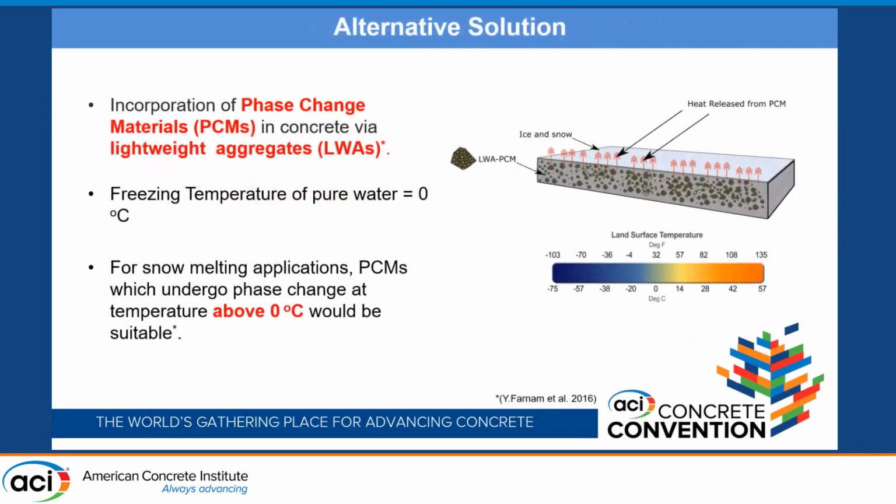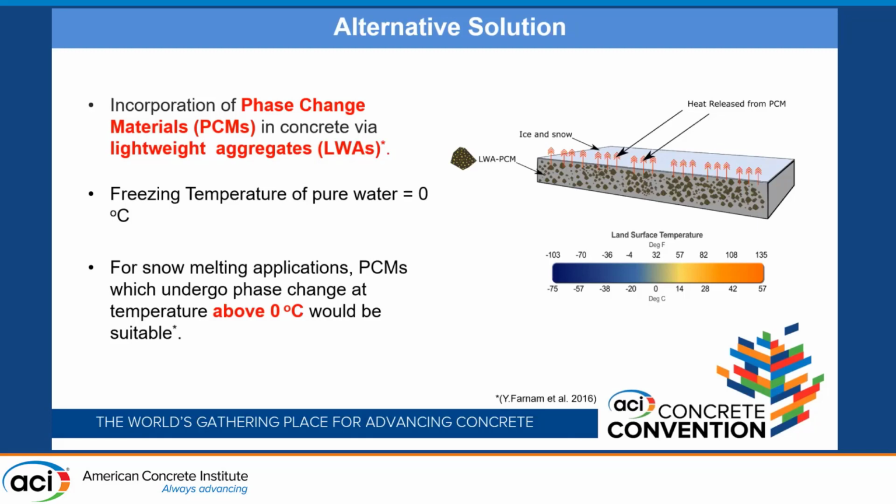So what can be the alternative solution? What we have come up with is incorporation of phase change materials in concrete by lightweight aggregates. Lightweight aggregates are porous materials, so we can use them to put PCM inside the concrete. The freezing point of pure water is around 0 degrees Celsius, right?